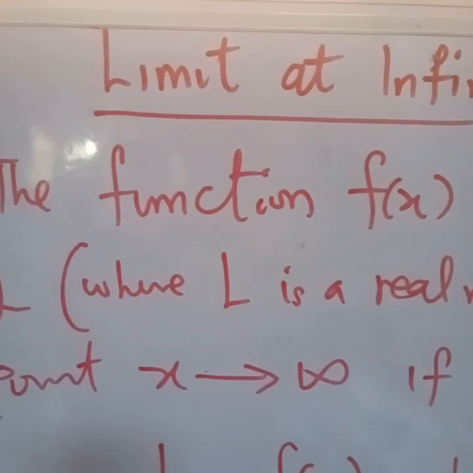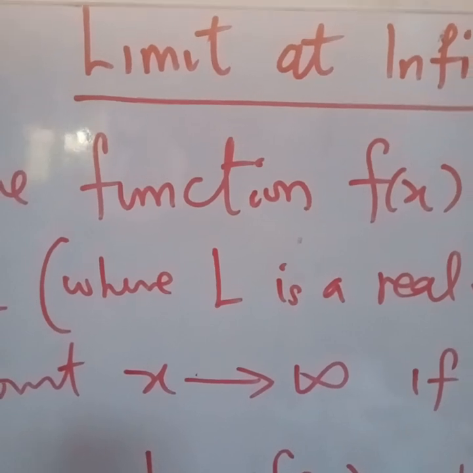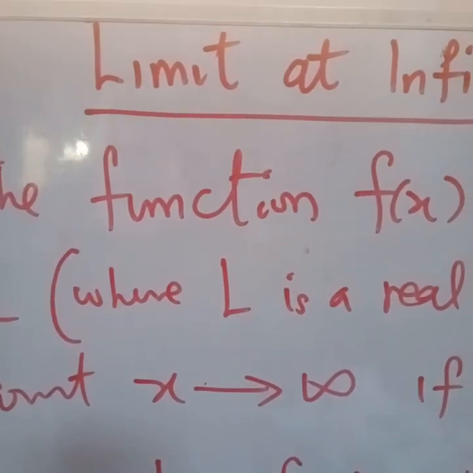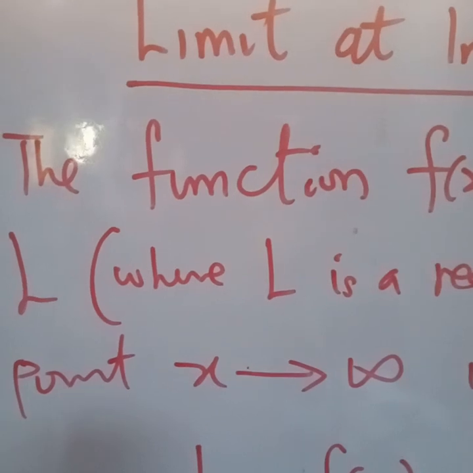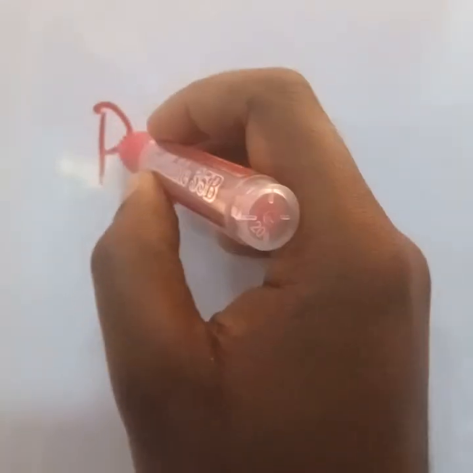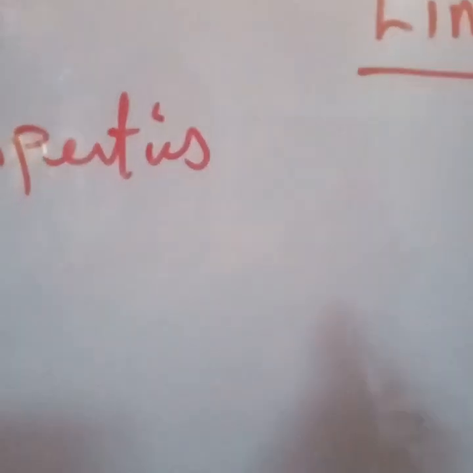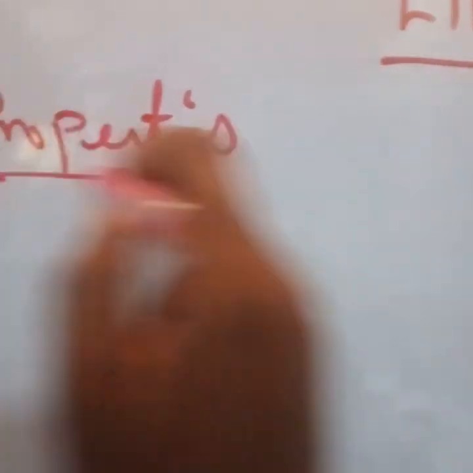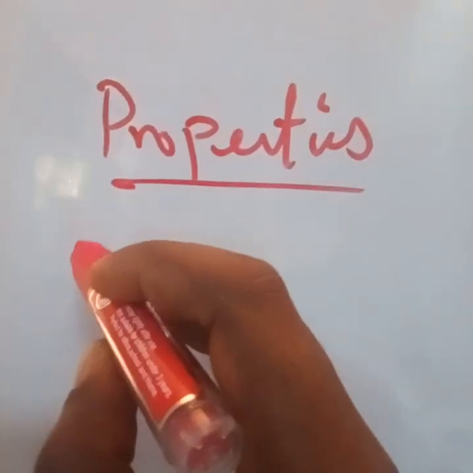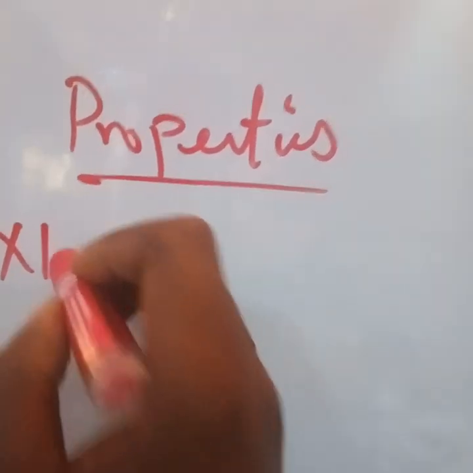All the properties we'll be discussing here, together with the previous ones, also hold for limit at infinity. So this will be in addition to the limit at a finite value. The last one we discussed is 10. So here we have 11.